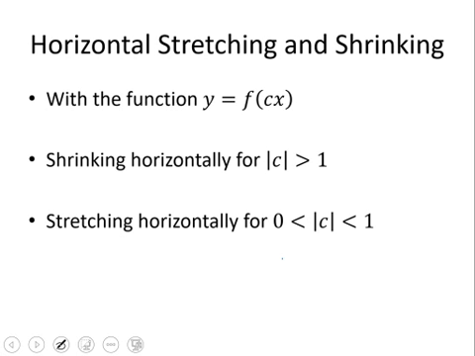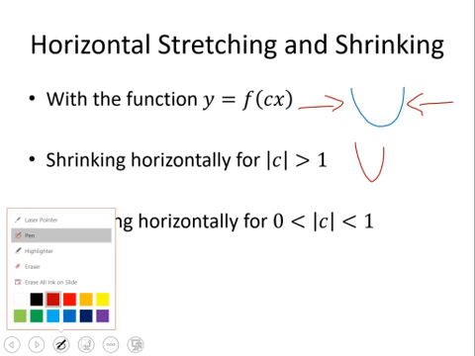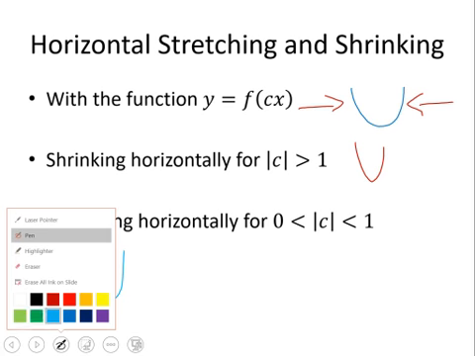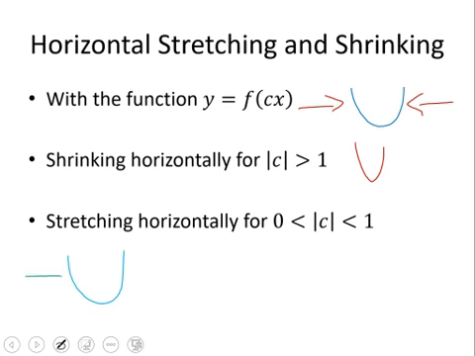If our original function looks like this, the shrinking would be pushing it in like this, creating a narrower one. If c is between 0 and 1, we're stretching it, pulling those edges outward, giving us more of an arc like that.